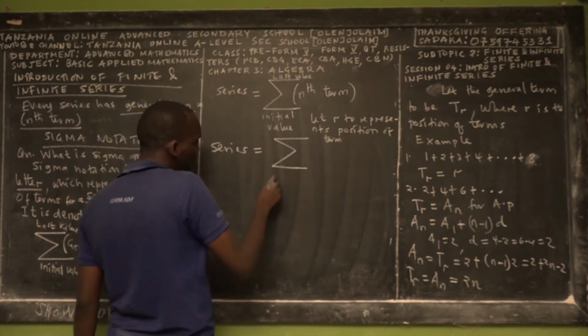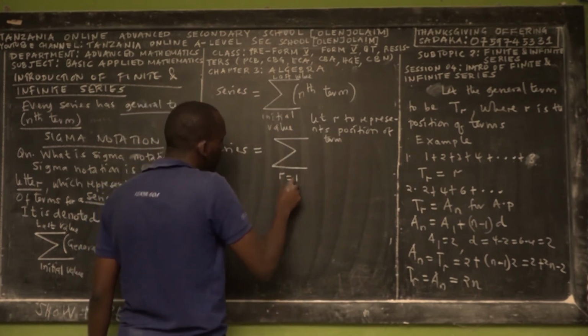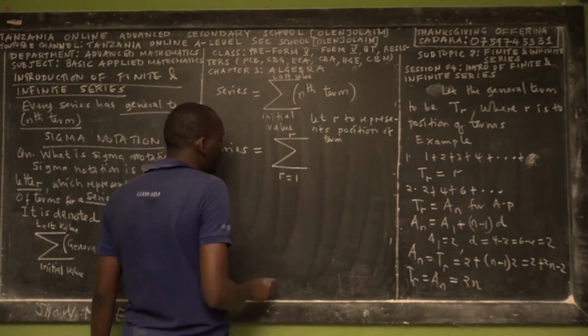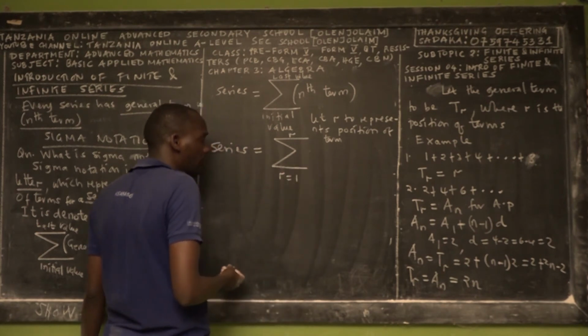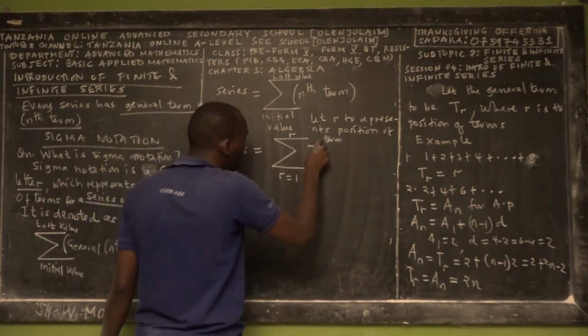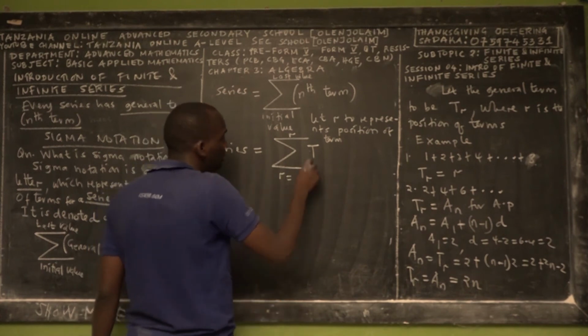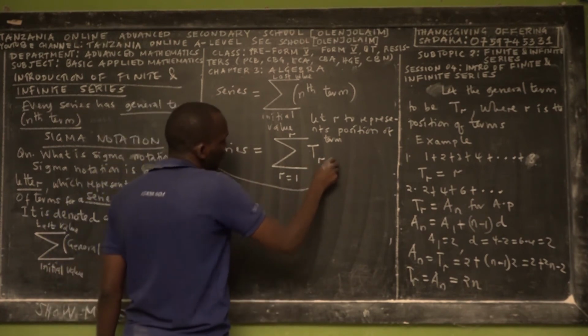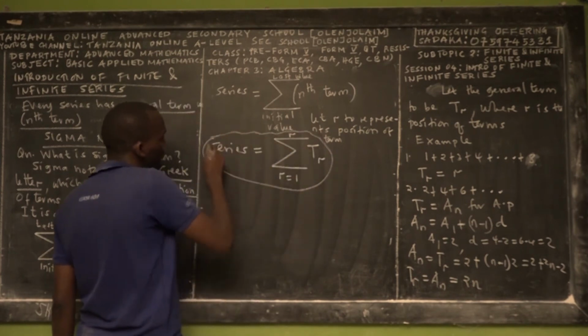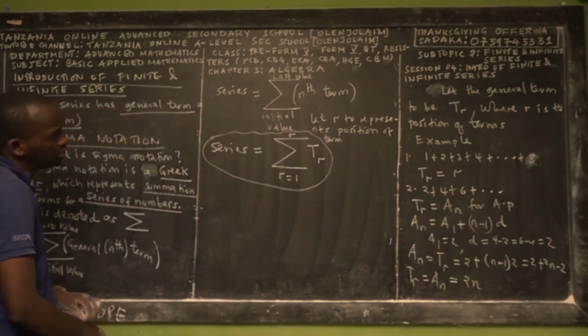For example, this is from r is equal to 1, a certain value of r, and then here we have T_r. r is not a common difference, remember, because you're not dealing with arithmetic and geometric progression. So this is the way that we can present a series.